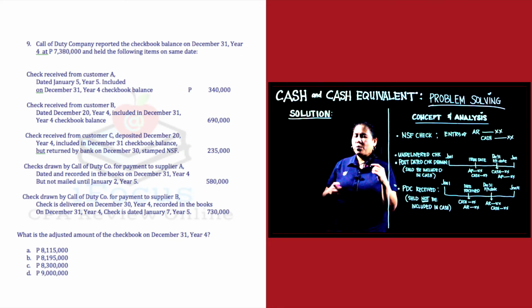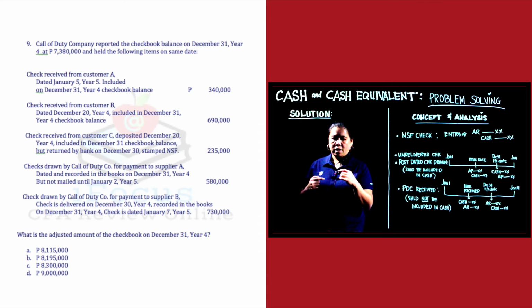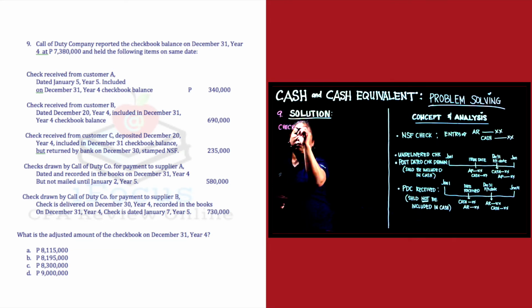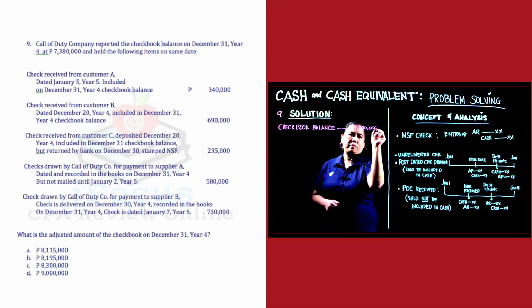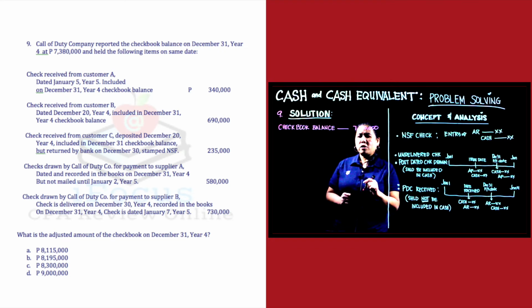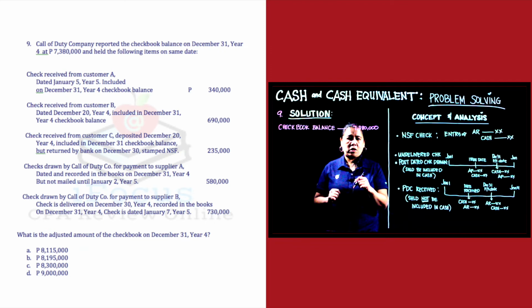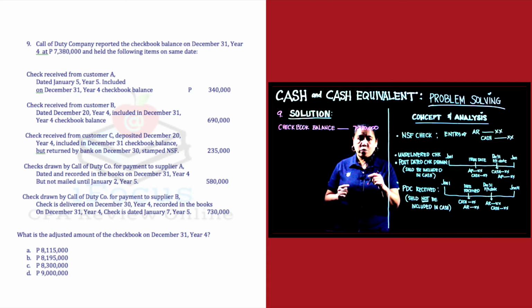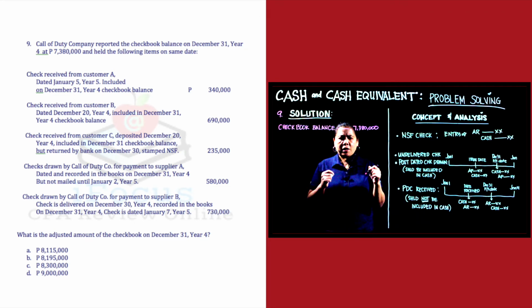Alright? So, we are going to start with the checkbook balance. Item number 1. Check received from customer A dated January 5 of year 5. Included on our checkbook balance on December 31st, year 4. So, amounting to 340,000. So, ano itong 340,000?